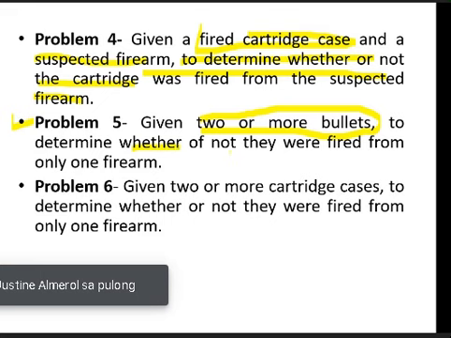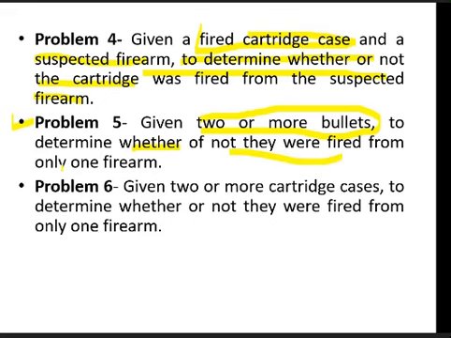To determine whether or not they were fired from only one firearm. So two or more bullets, to determine whether those bullets were fired from only one firearm, and that is very important as far as the investigation is concerned. Because if the two or more bullets found came from different firearms, it means there were more perpetrators, or many of them fired their weapons in that particular crime scene.